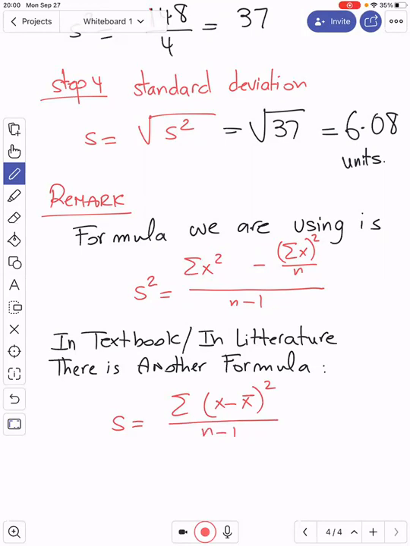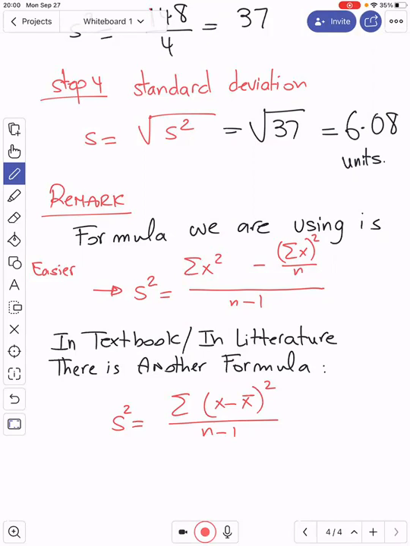So this is S squared, the variance. Both formulas are equal. We are using the first one because I think it is easier for computation.